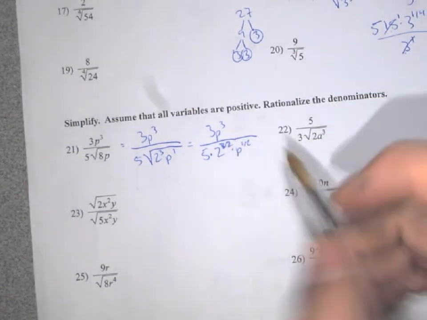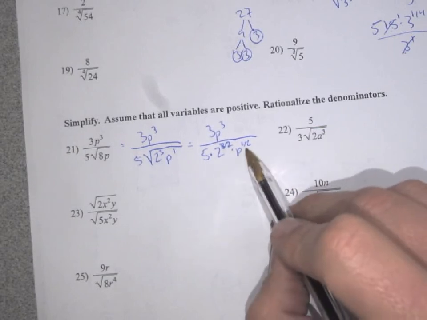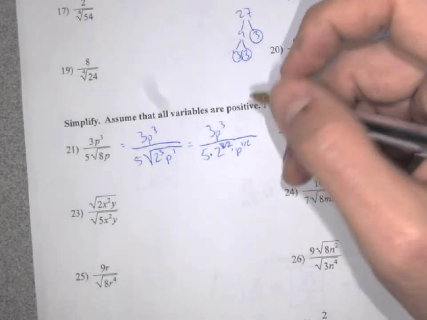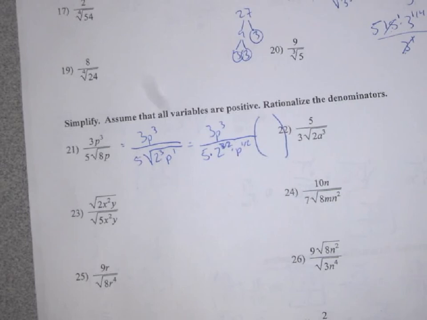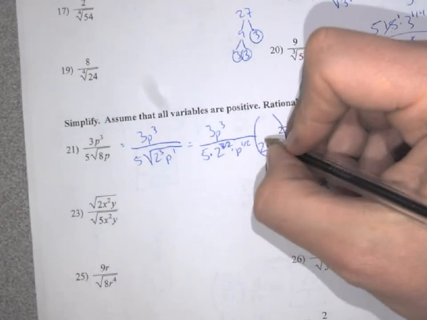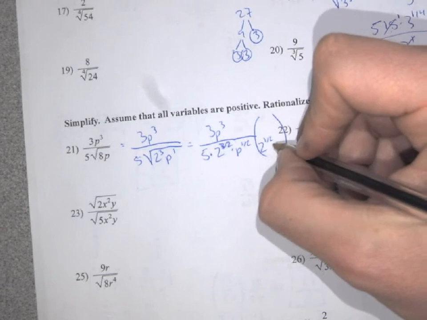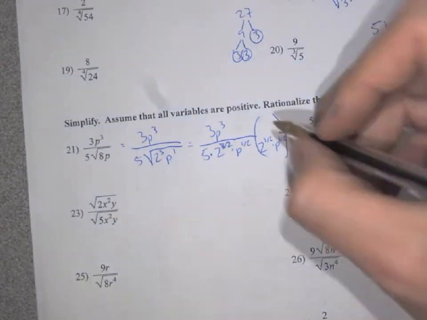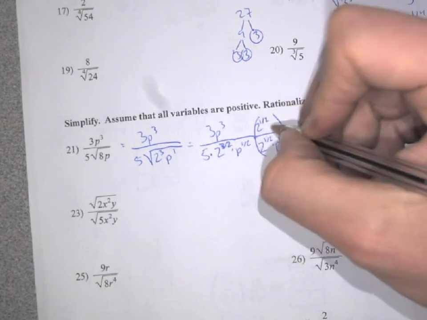It'd be great if I could get that to a 4 halves, because that would be a whole number. And it'd be great if I could get this to be a 2 halves, because that would be a whole number. So what I need in order to rationalize the denominator is a 2 to the 1 half and a p to the 1 half. I'm going to need to do that on the top and the bottom.